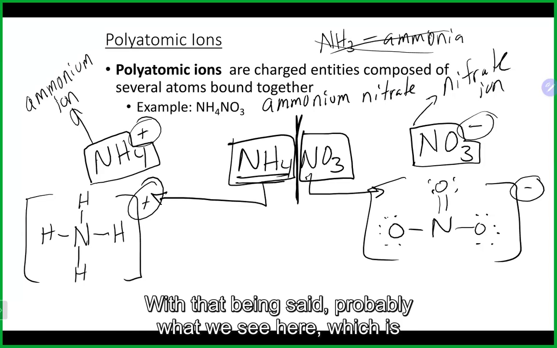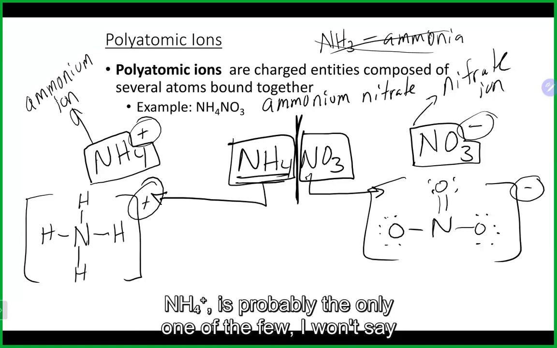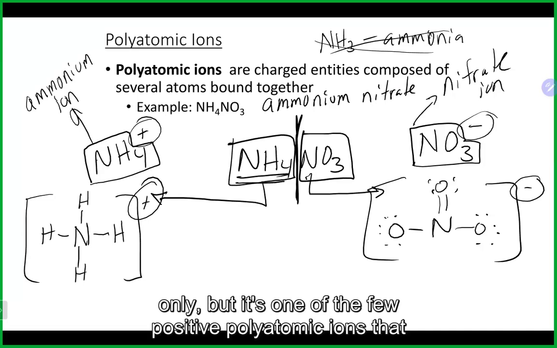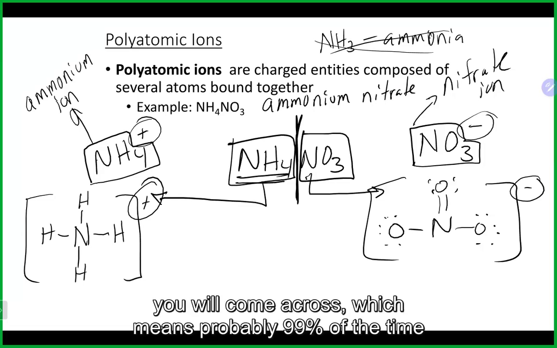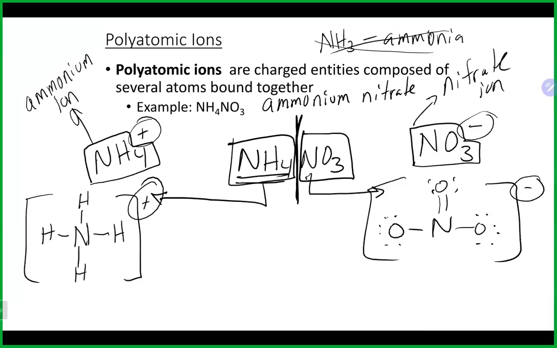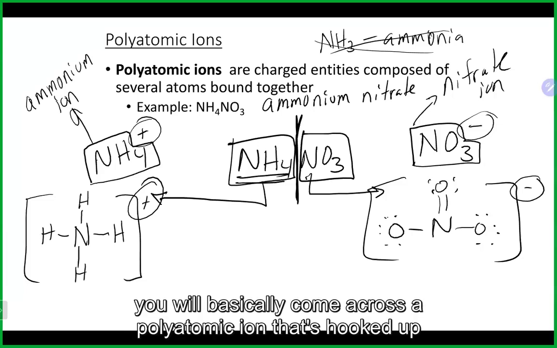With that being said, what we see here, which is NH4 plus, is one of the few positive polyatomic ions that you will come across, which means probably 99% of the time, you will come across a polyatomic ion that's hooked up with a metal.